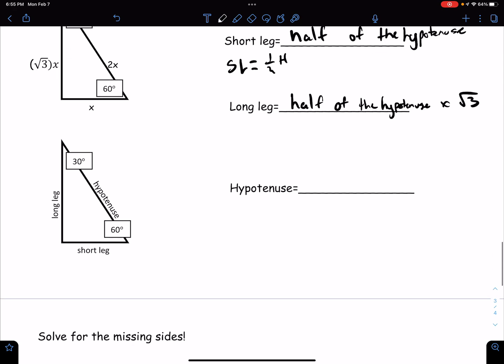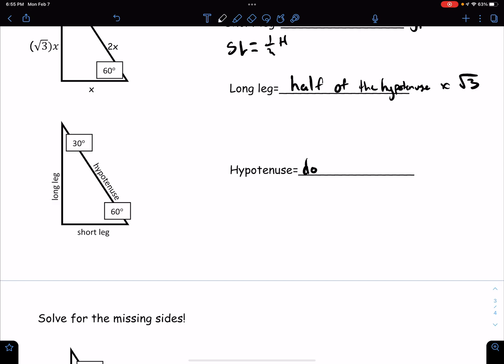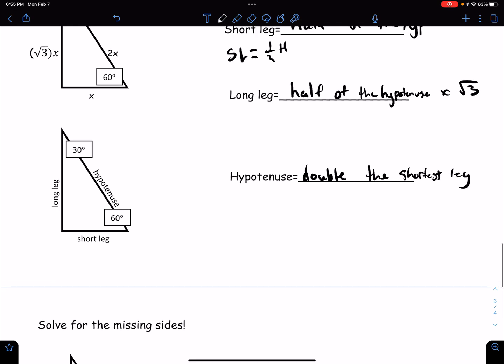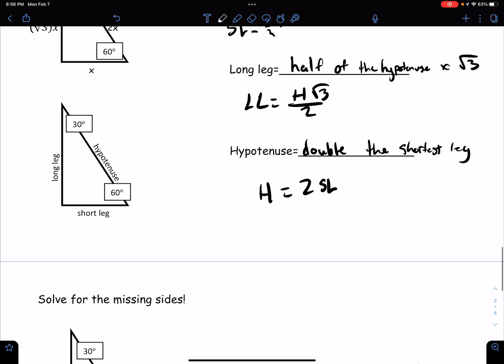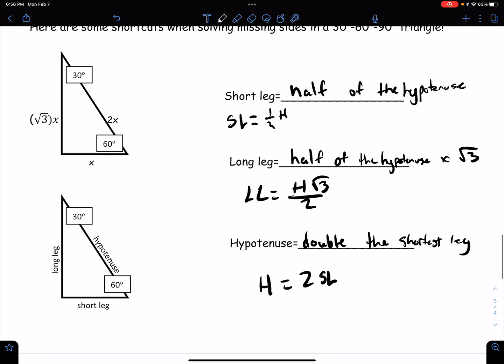And my hypotenuse is just double the shortest leg. So I can write this as longest leg equals half of the hypotenuse times the square root of 3. And I could write this as my hypotenuse equals 2 times the shortest leg.